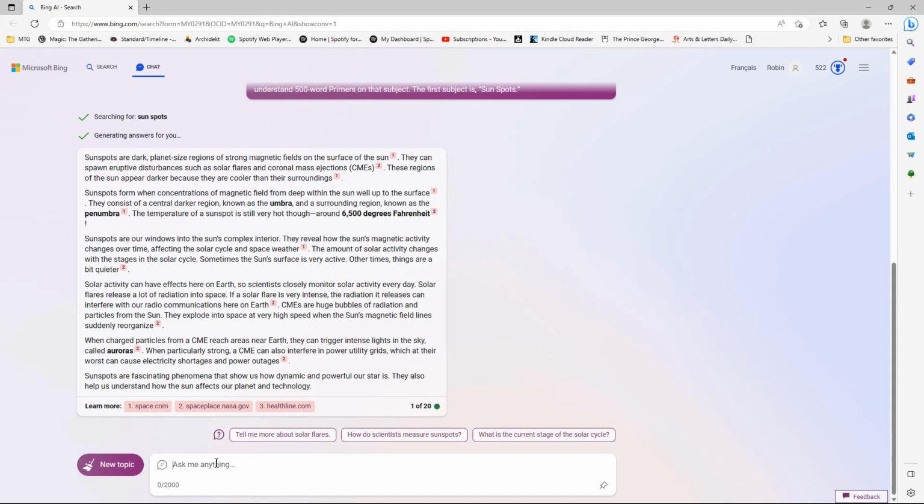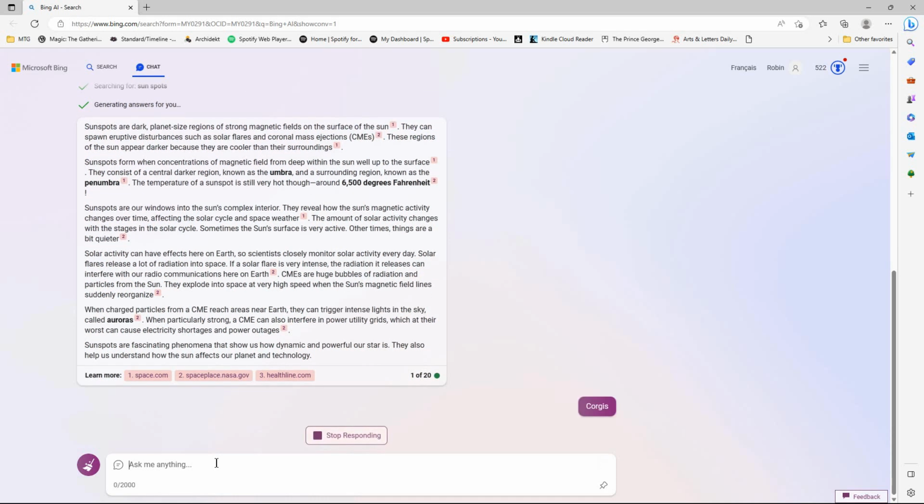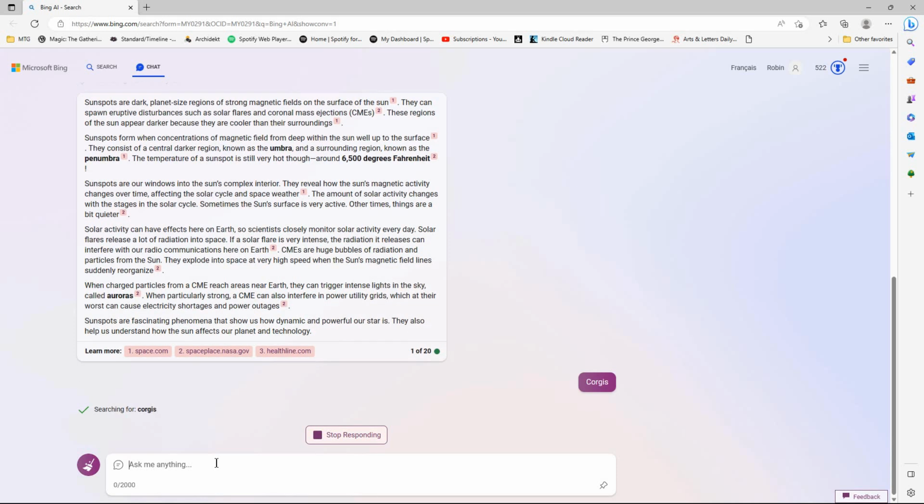I should have had a list of these. So another primer. Oh, let me just do corgis. Just see if it accepts that. So see if it's following my instructions about now going forward, acting as a primer generator.